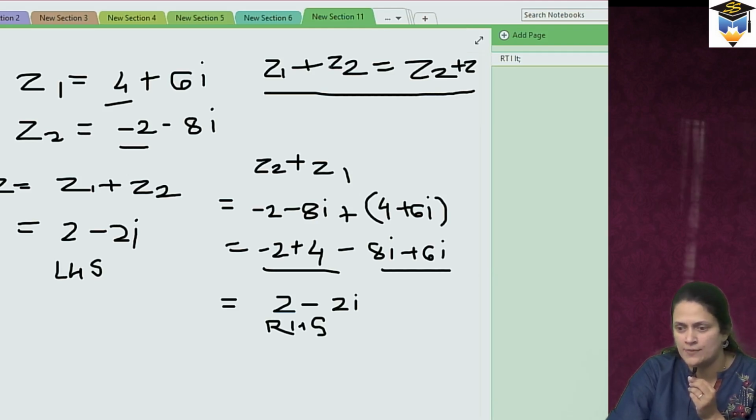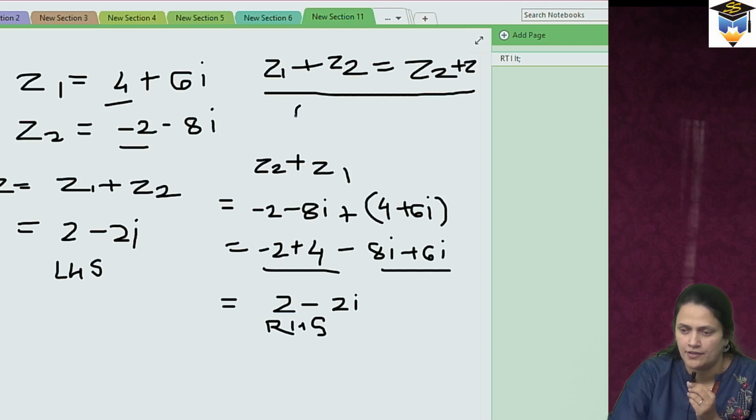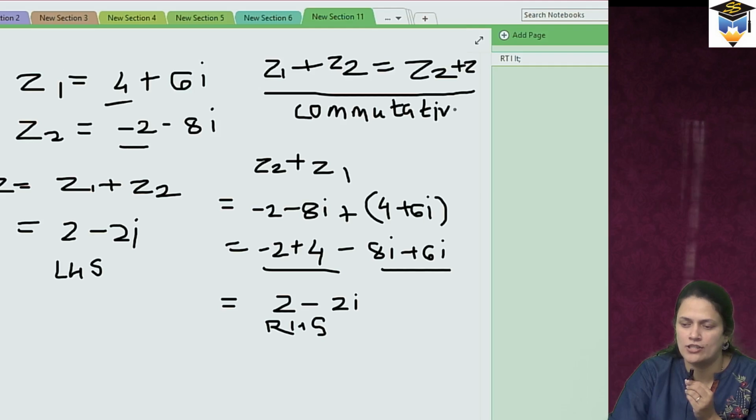And after the first property, just write down commutative in bracket, so that you understand it is commutative. Even though the order is changed, the answer does not change.